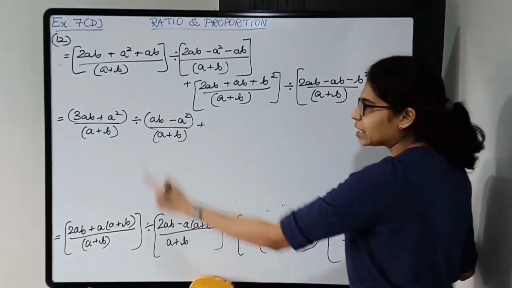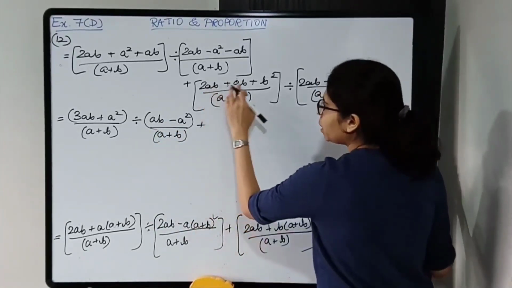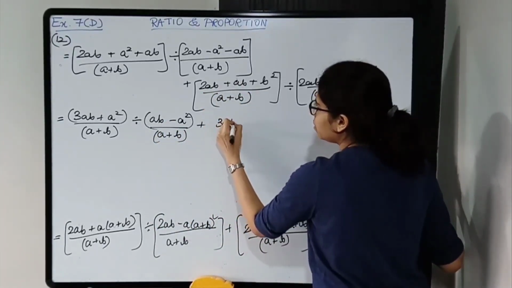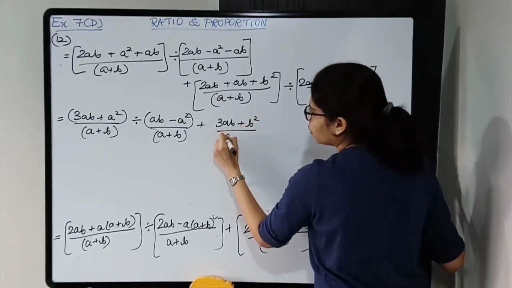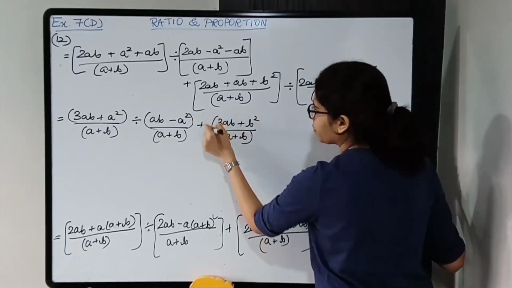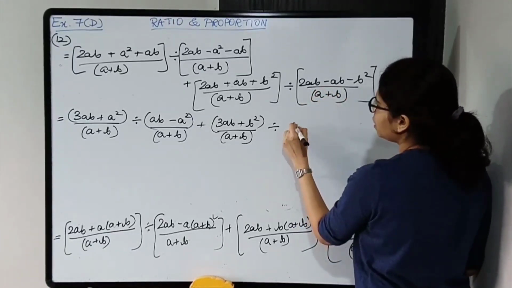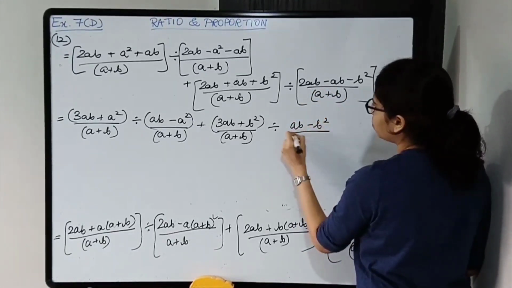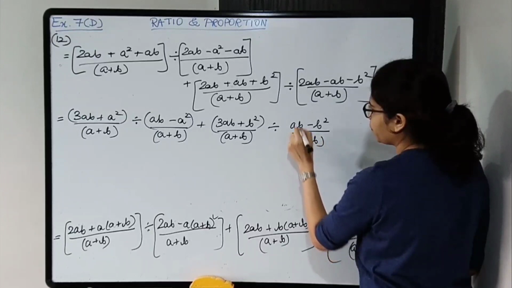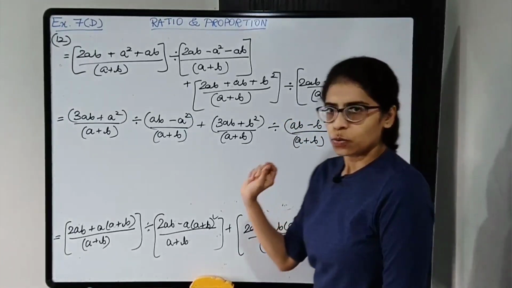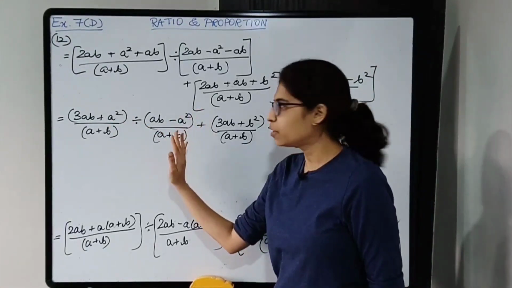Now you can see it is getting much simpler. 2ab plus ab, 3ab plus b square upon a plus b, divided by 2ab minus ab, ab minus b square upon a plus b. Now it is simplified.